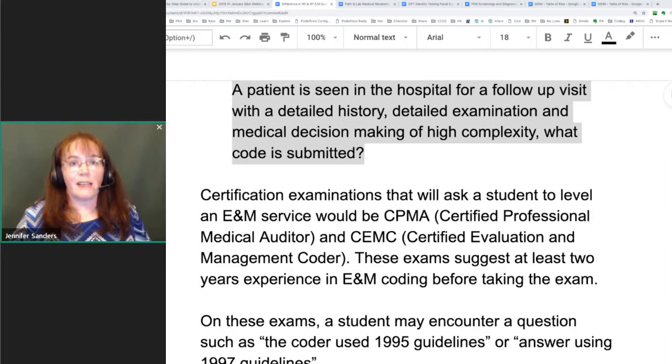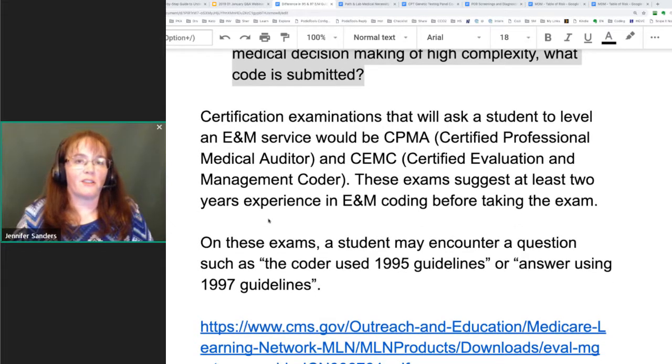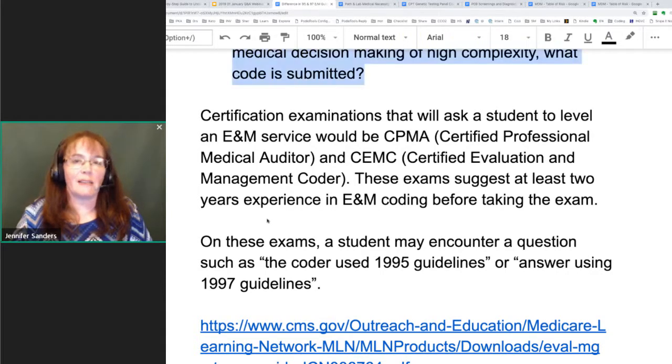So in one of those exams, they might tell you in the question, a coder used 1995 guidelines, or answer this question using the 1997 guidelines. You're able to bring those sheets in with you that tell you the guidelines to those more specialized certification exams. But on a CPC exam, they're not going to ask you to level those.